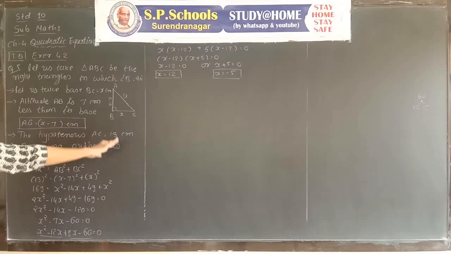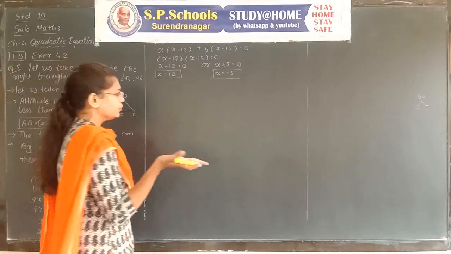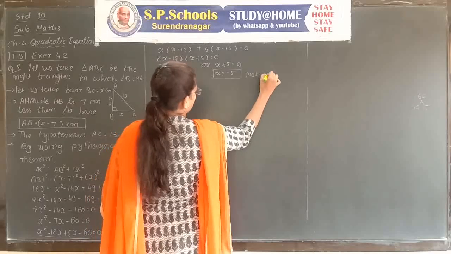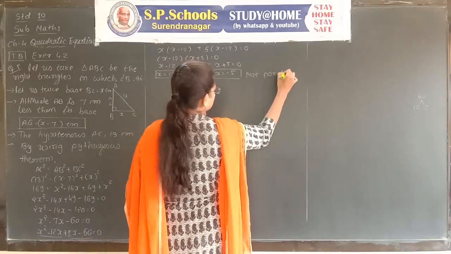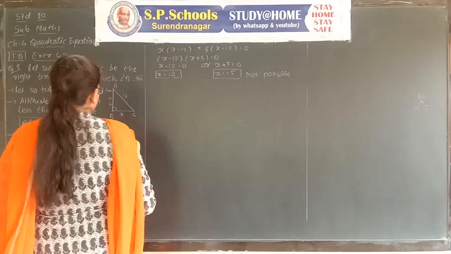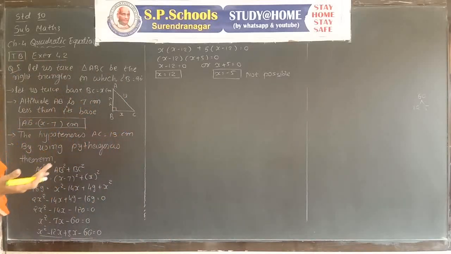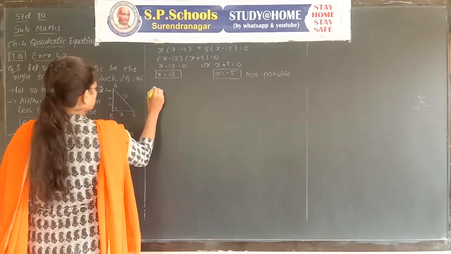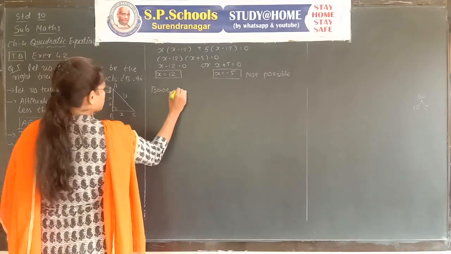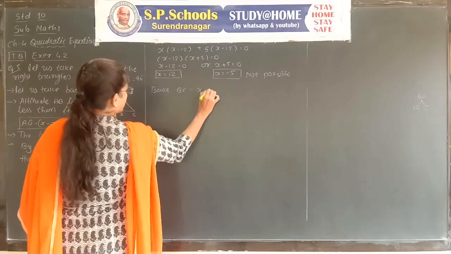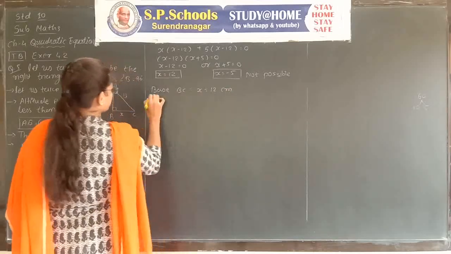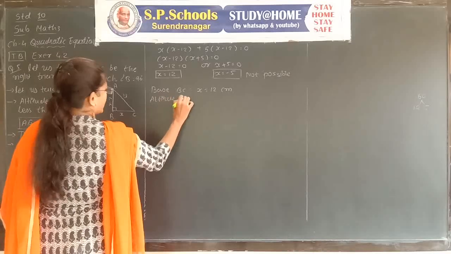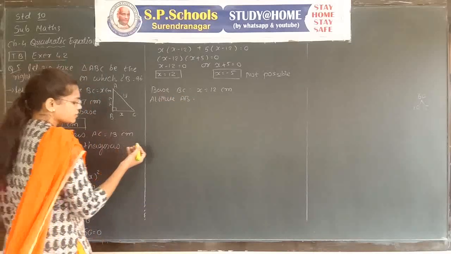Base BC is x. x is the length of a side of the triangle, means the negative is not possible. x is equals to 12 is the base, and now we are able to find x minus 7 as the altitude. Base BC is equals to x is equals to 12 cm. Altitude AB is equals to x minus 7.